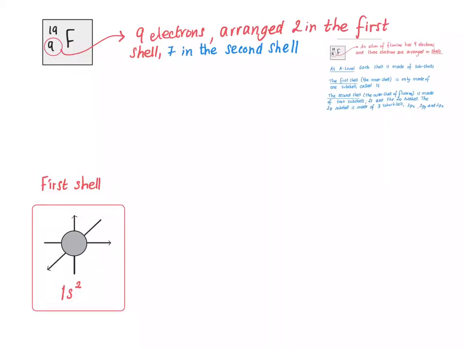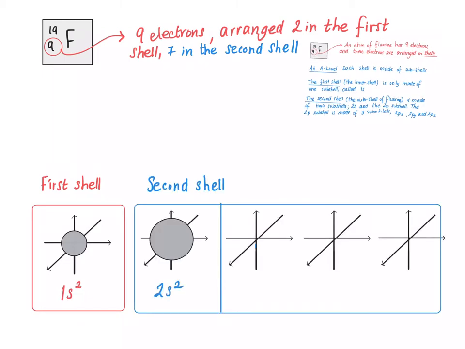So the first shell contains 2 electrons, and they both go into the 1s subshell, so we write it as 1s2. So those 2 electrons go into 1s2. There are 7 electrons in the second shell, and remember the second shell is made up of 2s and 2p.